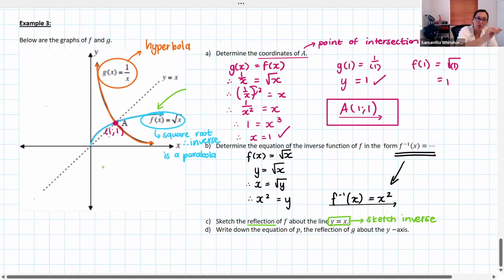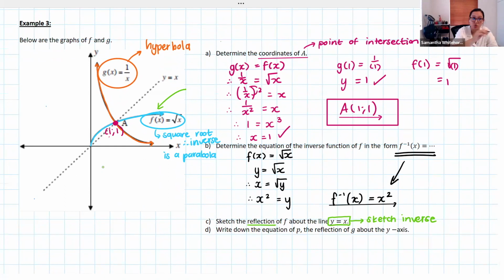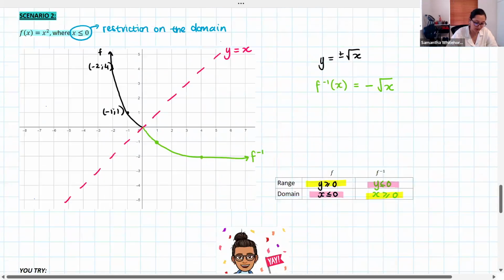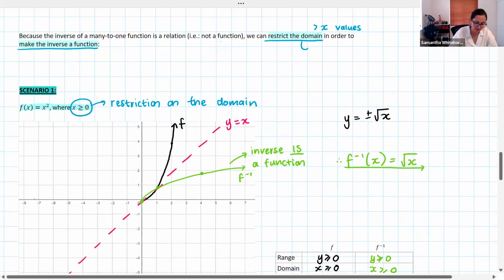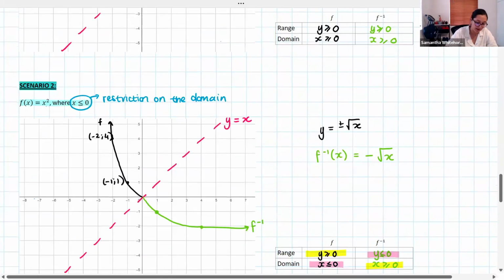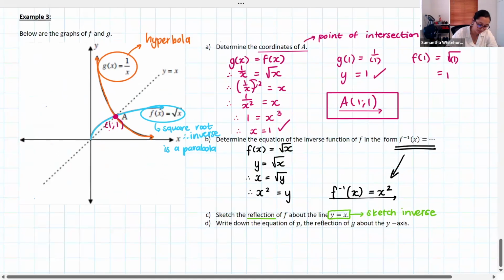You don't have the whole inverse parabola, so you're not going to draw the whole parabola. If you look at the arm you've been given, this is scenario 1 that we spoke about. That's the arm that you were given. So the inverse should be the right-hand side of your parabola when you now go draw it.